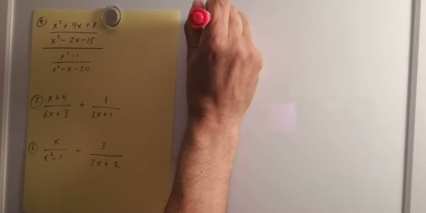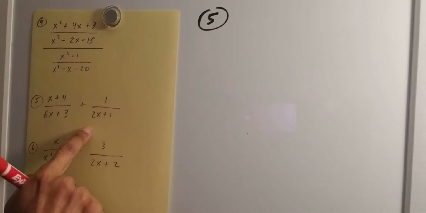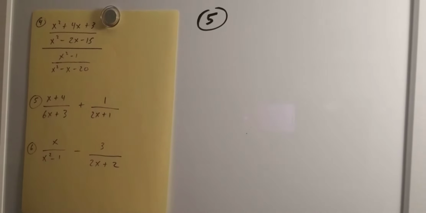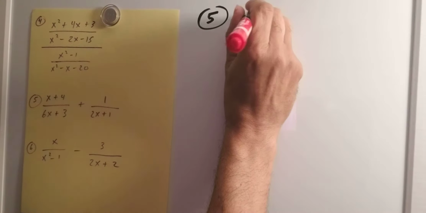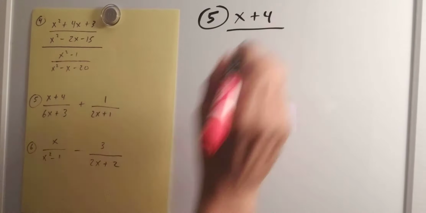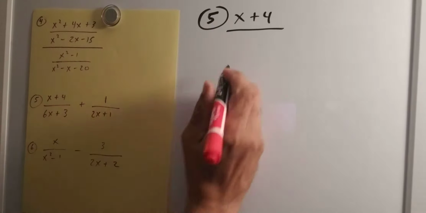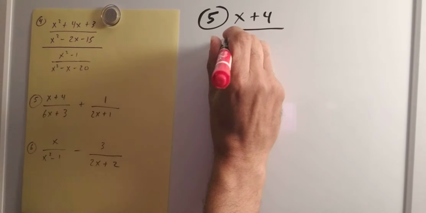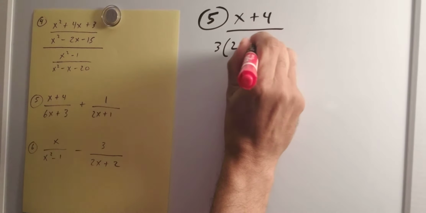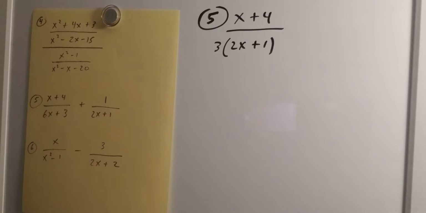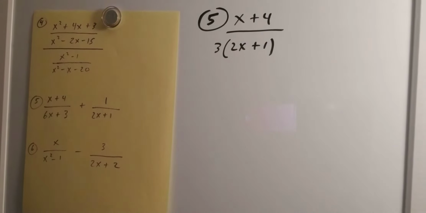Simplify. We have an addition problem, adding fractions, rational expressions. Denominators will need to be the same. So x plus 4 in the numerator. 6x plus 3 will factor into 3 times 2x plus 1. It's helpful to factor denominators to look for least common multiples so we can have common denominators.